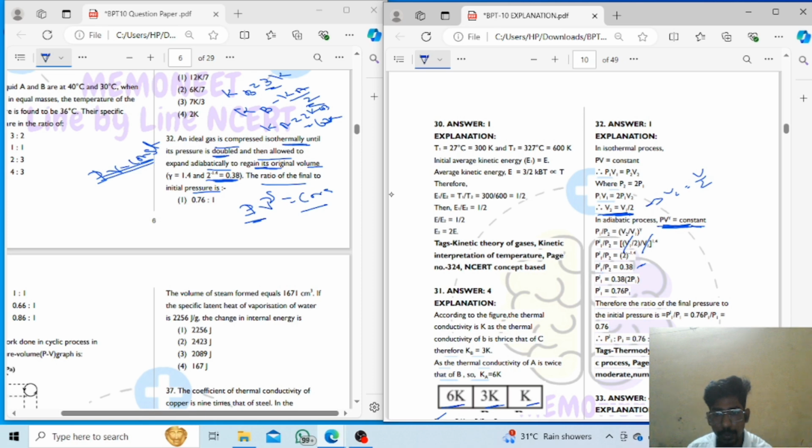P2 is twice the initial pressure, so P3 becomes 0.76 of P1. Therefore P3 is to P1 is 0.76 is to 1, and option number 1 is the correct option.